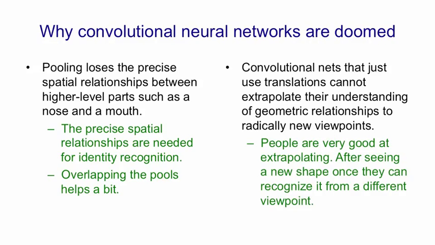After seeing a new shape once, they can recognize it from a very different viewpoint. Currently, the way we deal with that with convolutional neural networks is to train them on transformed data. So this involves giving them huge training sets where we try to transform the data through different orientations and scales and lightings and all sorts of other things so that the network can cope with those variations. But that's a very clumsy way of dealing with the variations.